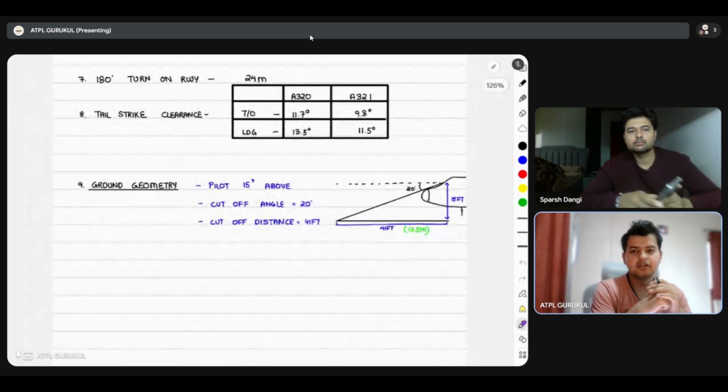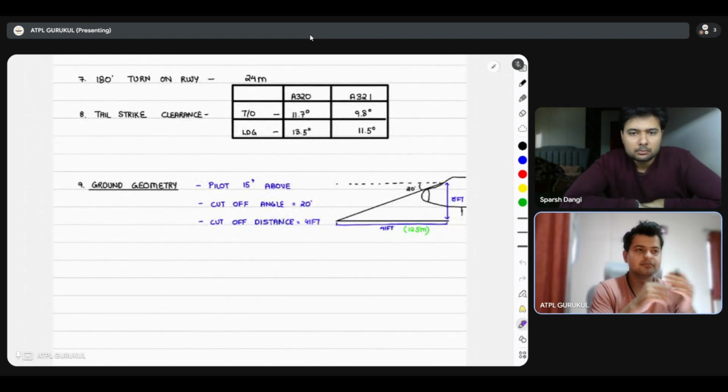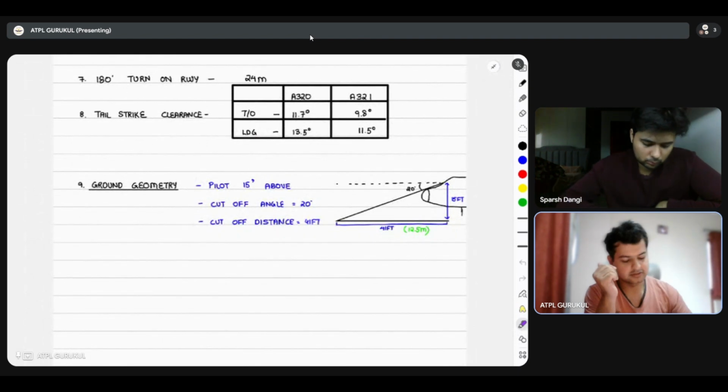Okay, now let's come to tail strike clearance. Open your FCOMs, you'll see a graph. You'll see this kind of a graph.